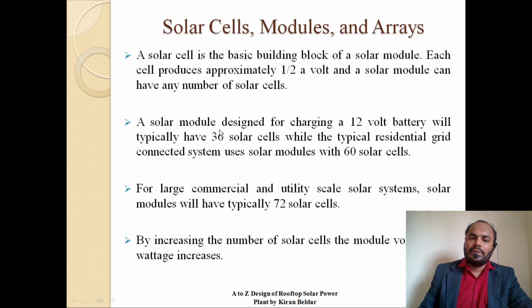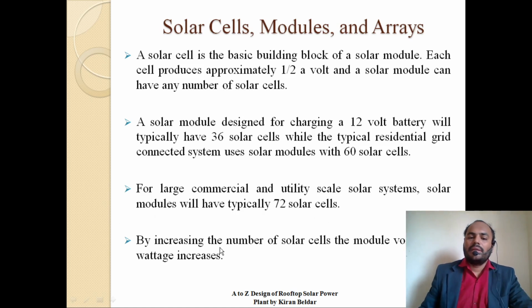A solar module designed for charging a 12 volt battery will typically have 36 solar cells, while a typical residential grid connected system uses solar modules with 60 solar cells. For large commercial and utility scale solar systems, a solar module will typically have 72 solar cells.